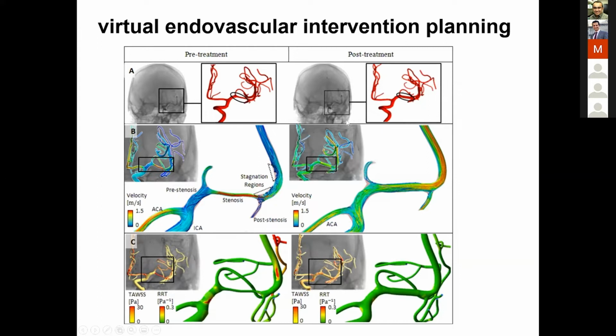Here we have, before the intervention occurs, conducted a fluid mechanical study, a hemodynamical study, as to what the expected post-treatment flow rate would look like. So here we have the stenosis and the velocity profiles through computations. And here we have the expected results that occur when you widen this stenosed vessel using three-dimensional CFD simulations.